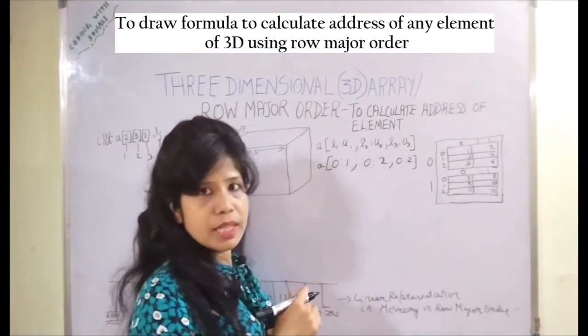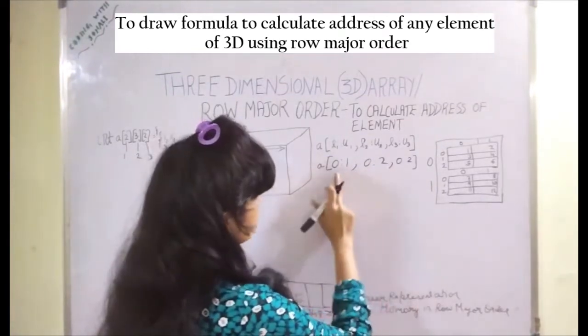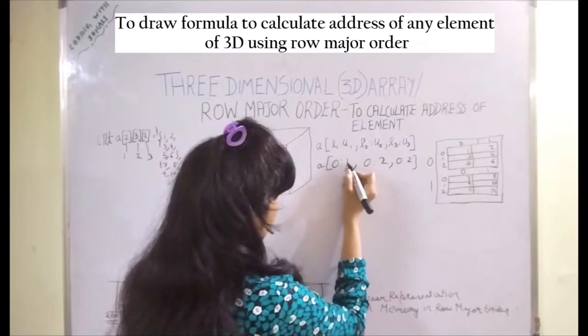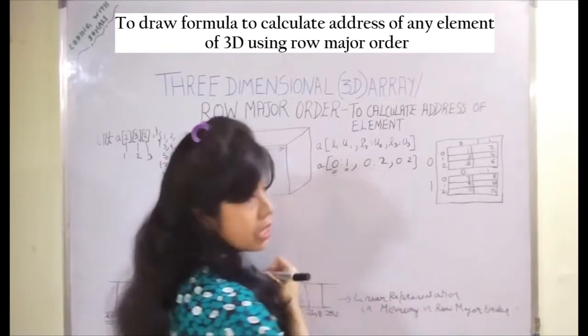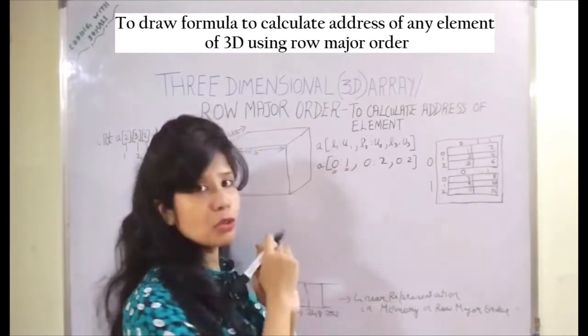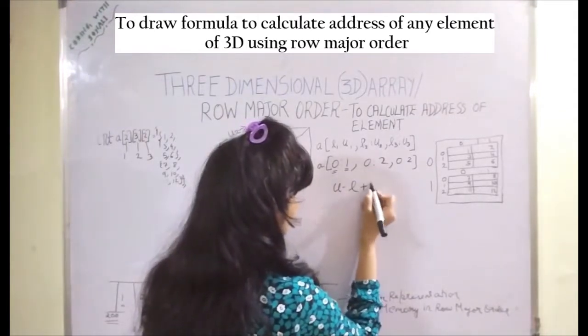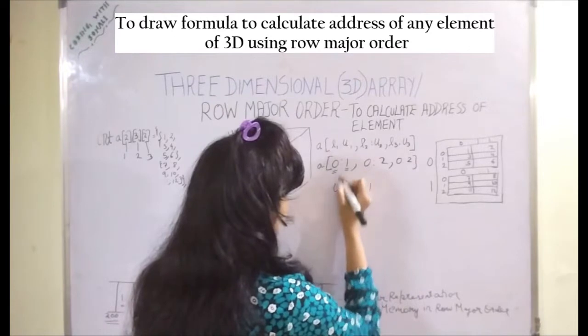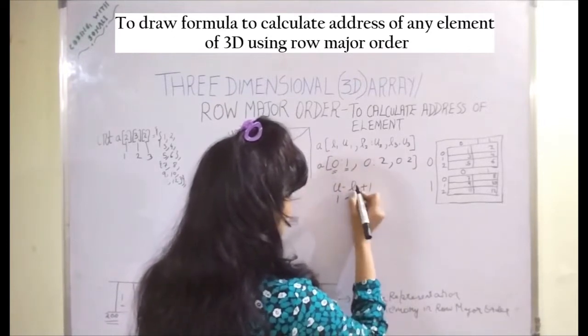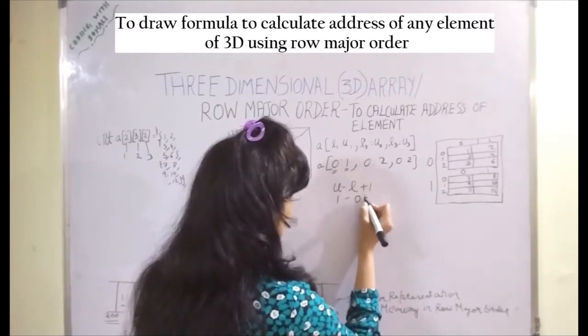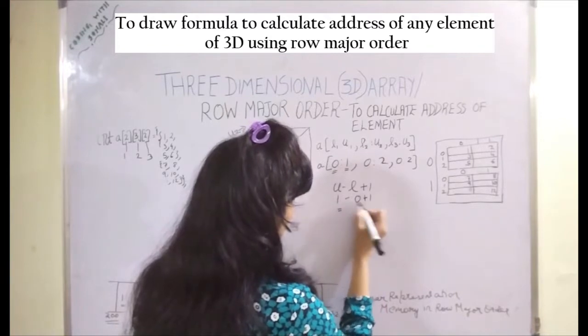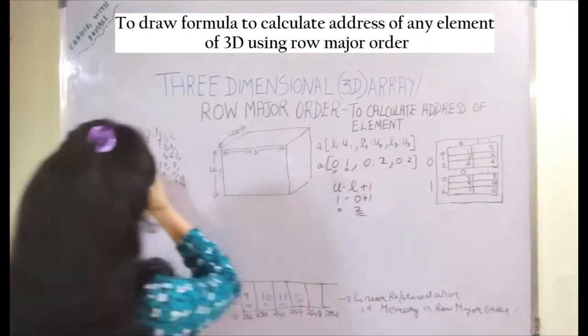How do we calculate these dimensions? It is simple. Upper boundary minus lower boundary plus 1 gives you the total number of elements. Upper boundary minus lower boundary plus 1. So the upper boundary for this is 1, minus the lower boundary 0, plus 1. So how many elements are present in total? 2. You can see here 2 elements are there.